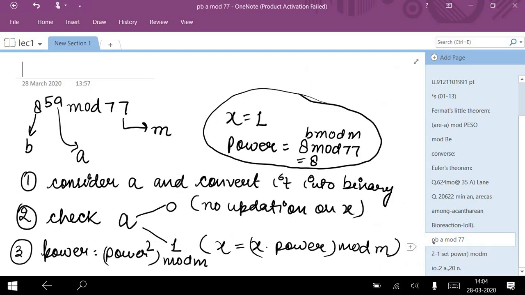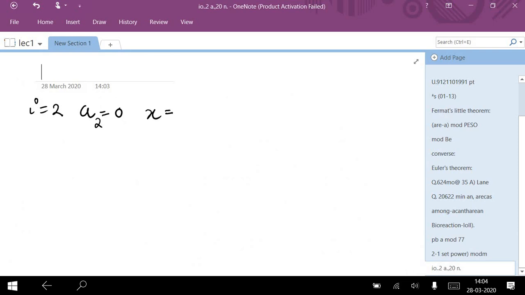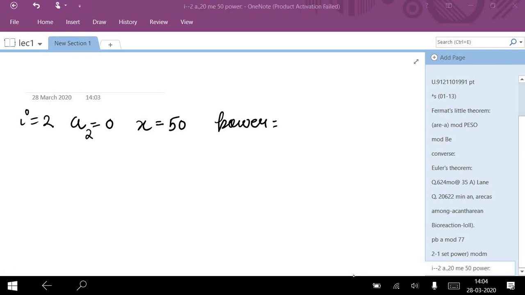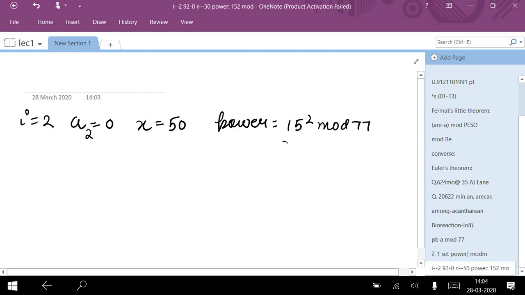Now according to my rule, a equal to 0 means there is no updation of x. So x will remain the same as the previous value, but I have to calculate the power. So power equal to power square mod 77. What is the power square? That is 15 square mod 77 and it is 71.